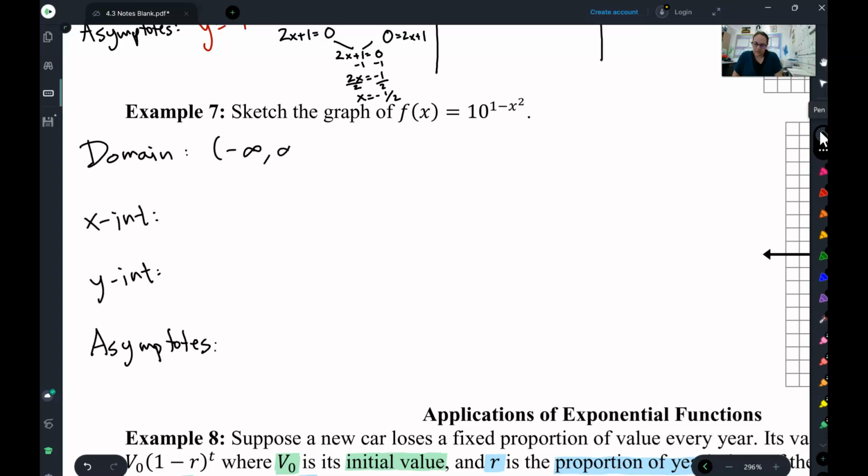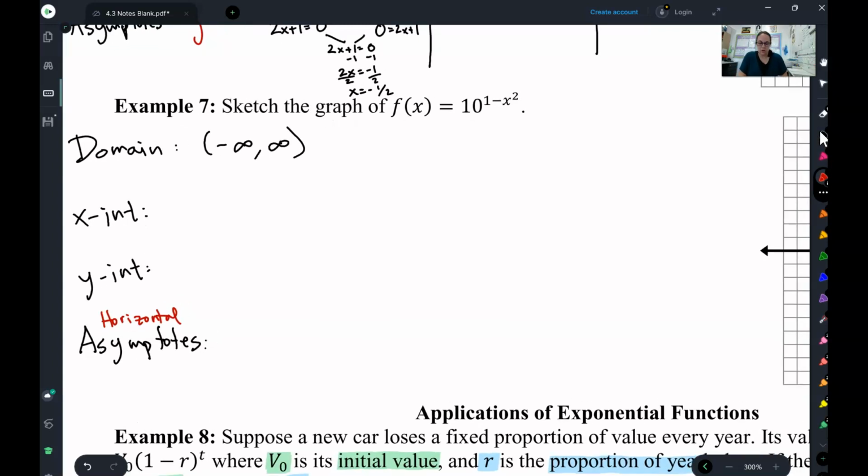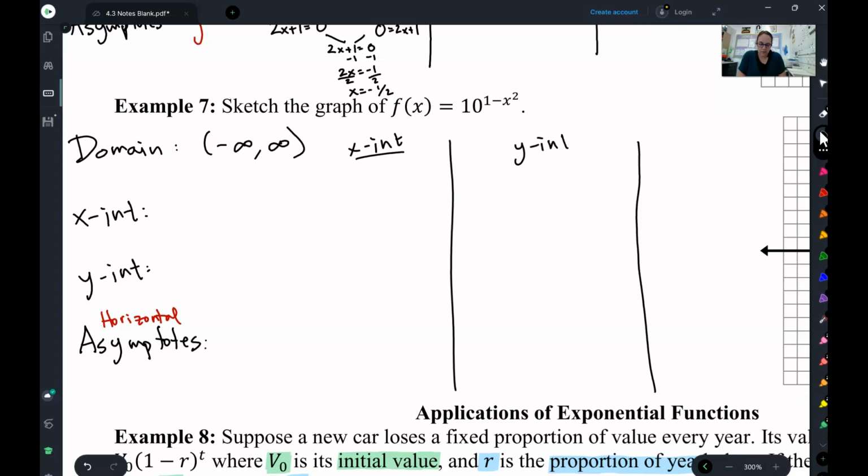So our domain is negative infinity to infinity, and it will be a horizontal asymptote because it is an exponential. So same thing, pause the video to find the three things that we need, and then you can come back to check your answers and see how you did.